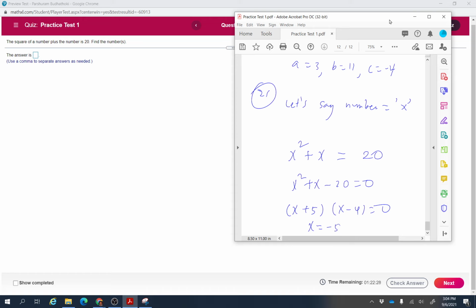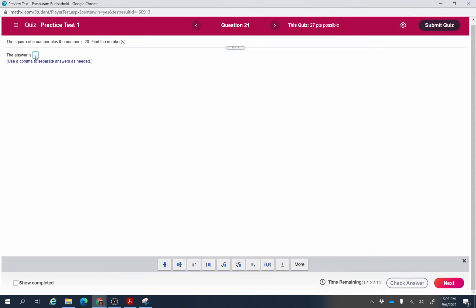So x is negative 5 and positive 4, the two solutions. Check: the square of the number, which is 25, minus 5 is 20. 4 squared plus 4 is 20. So both of these answers are right: negative 5 and positive 4.